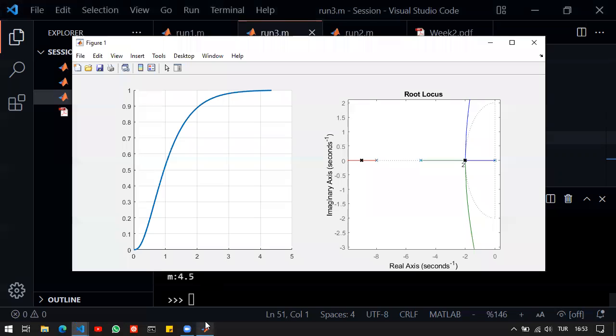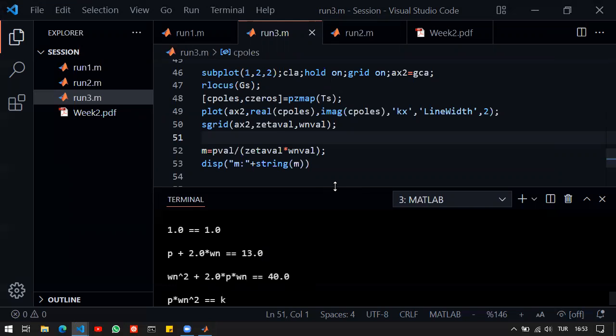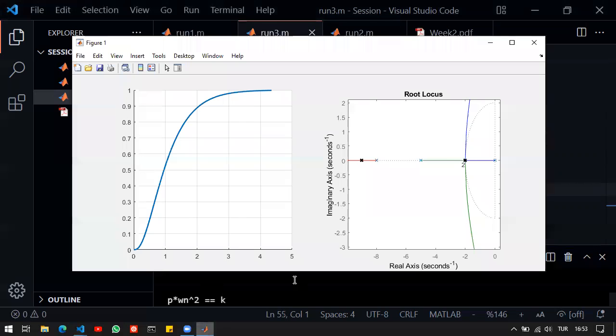Here we have 4.5, but since the requirement only is about zeta being equal to 1 or 0 overshoot, it does satisfy it. Yeah, it's basically it, because we were looking for zeta equals 1.